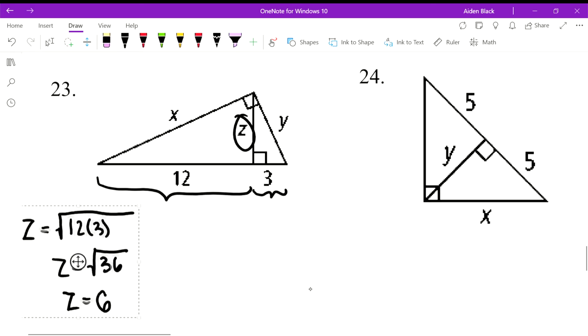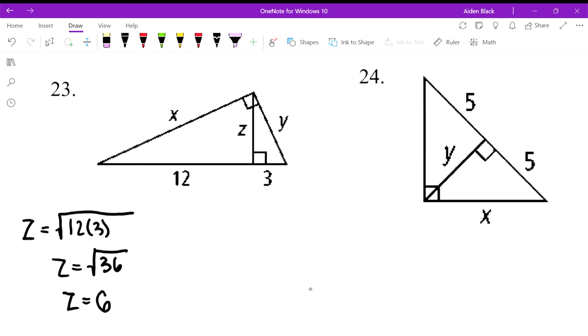Put that aside. Now that you know z is equal to 6, you can use Pythagorean's theorem to find x and to find y. So I'll show an example of finding y using Pythagorean's theorem. Right? A squared plus b squared equals c squared.